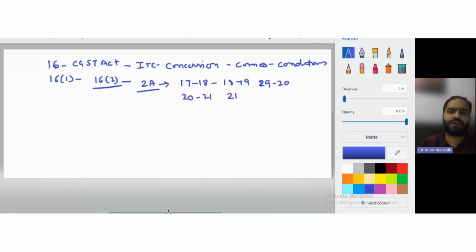And to some extent 21-22 also. The procedure was prescribed that if the input tax credit is not coming in GSTR 2A, then your ITC will be ineligible, right?